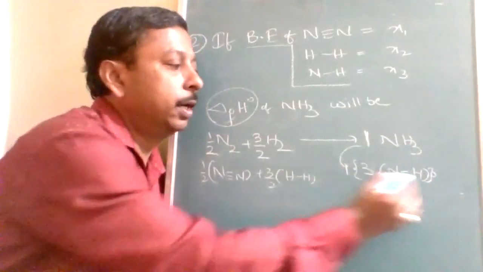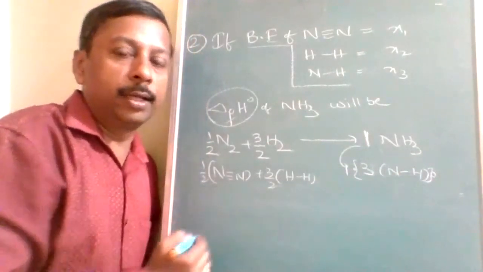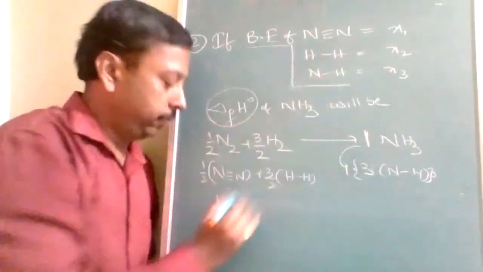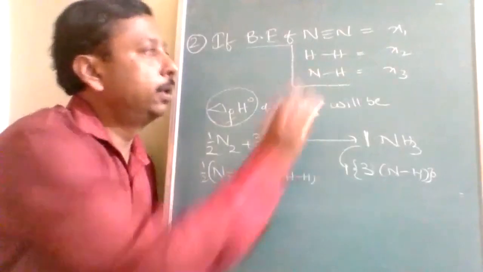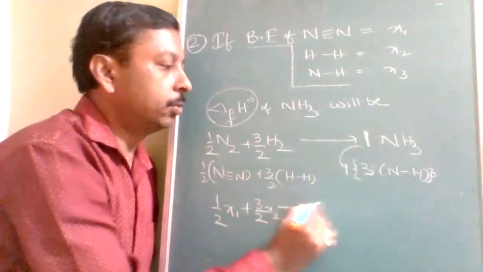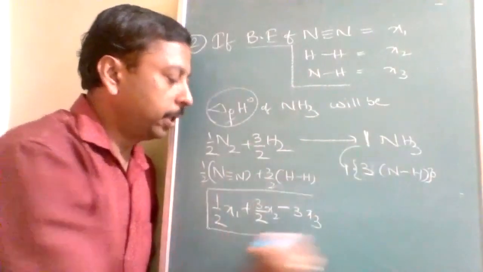Therefore this 3, and N-H bonds are a must. So half into N triple bond N is X1 plus 3 by 2 H single bond H is X2, minus 3 into N-H is X3. So this is the enthalpy of formation.